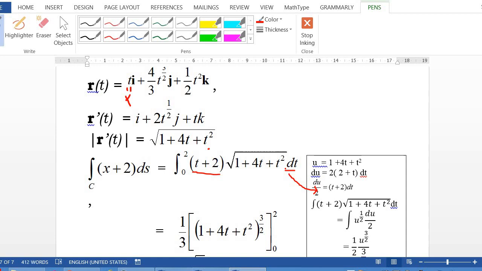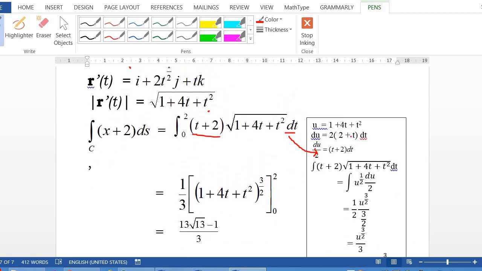To evaluate this integral, you may use the substitution u equals 1 plus 4t plus t squared. Then du/dt is 4 plus 2t, so du will be 4 plus 2t dt.